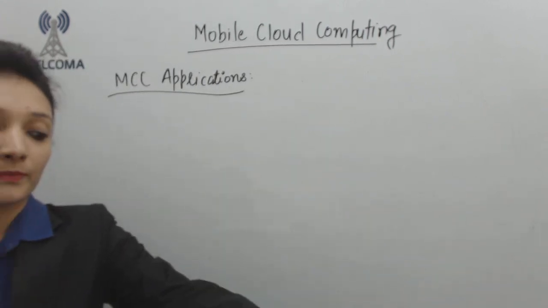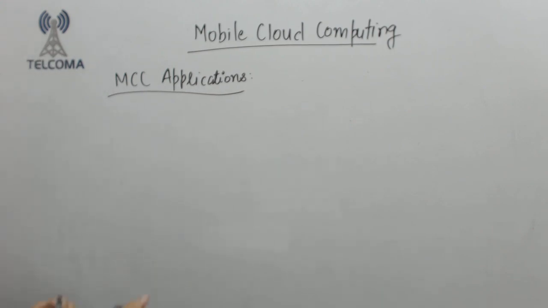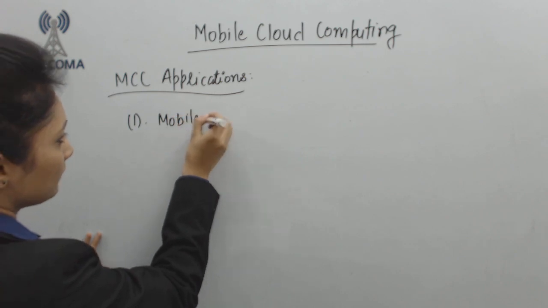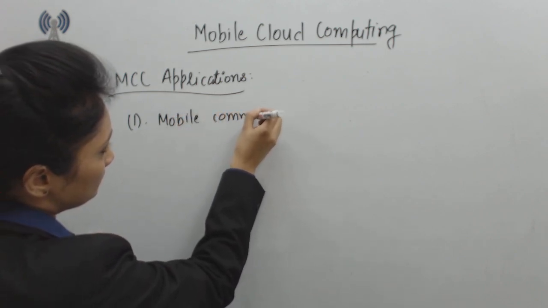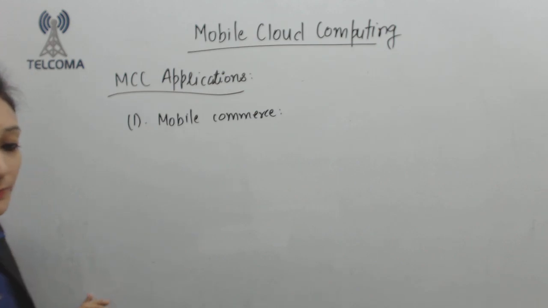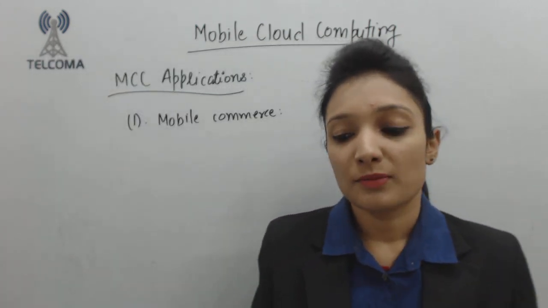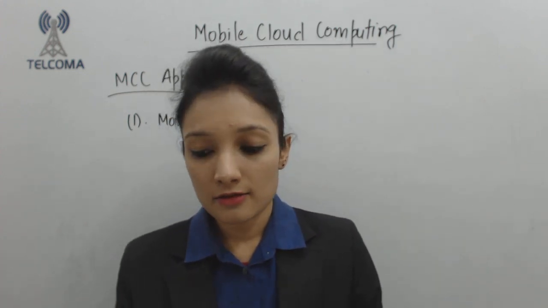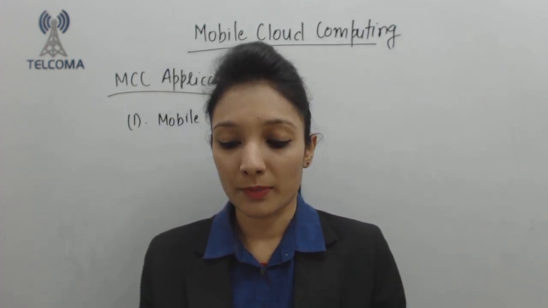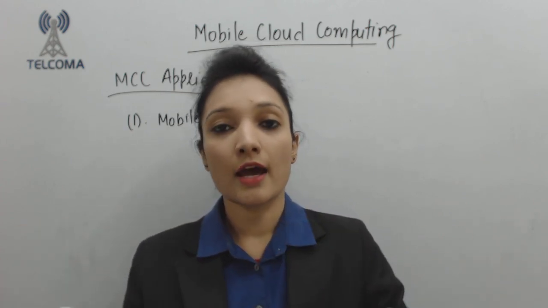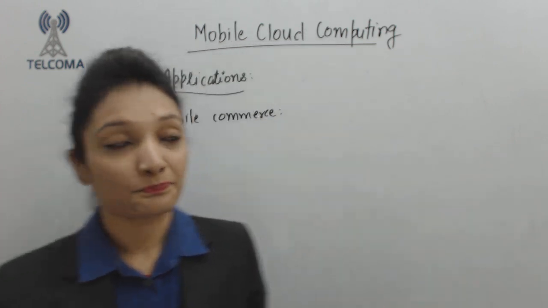It has a number of applications, starting from the very first one, which is mobile commerce. Mobile commerce offers mobile advertising, that means advertisement through mobiles, mobile financial services and mobile shopping. So if you combine 3G or 4G with the cloud, we can increase the data and processing speeds.